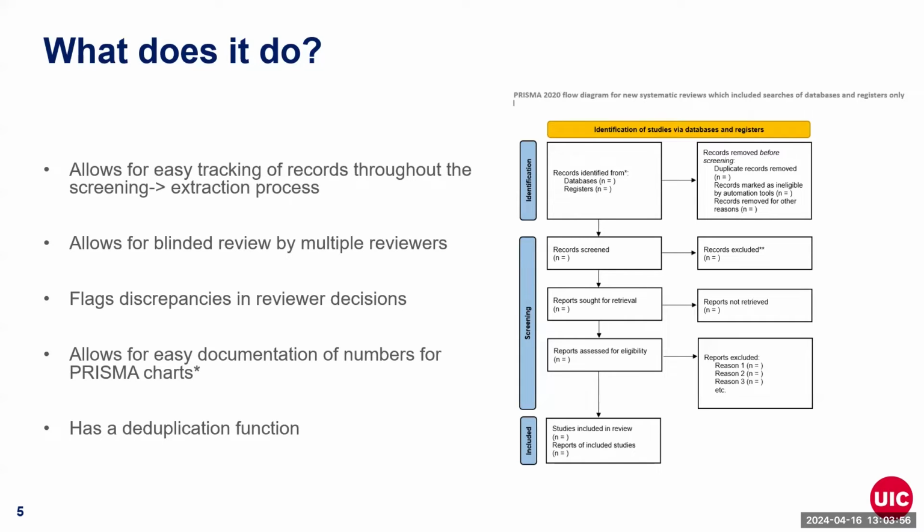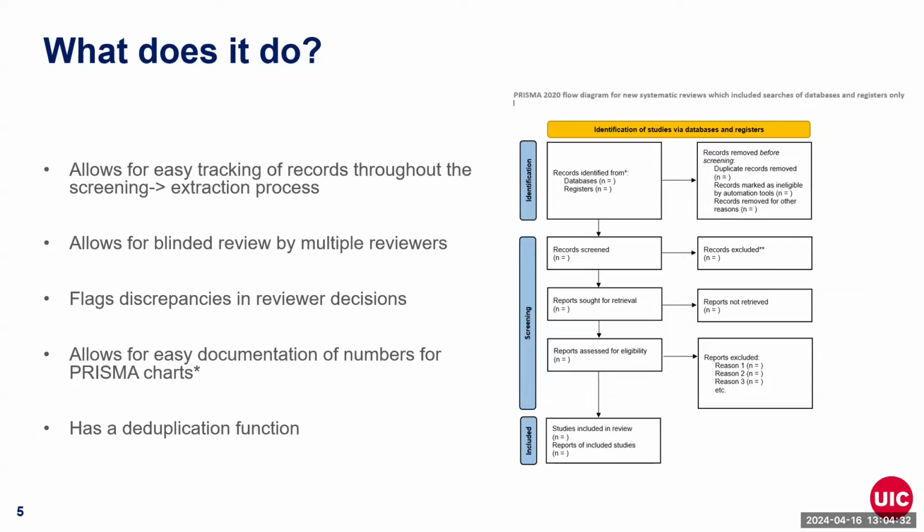All of these places in the PRISMA review that we have to keep track of, whether a record has been excluded or screened, why it's been excluded when you get to the full text review, and what's ultimately included, it helps you keep track of all of that, as opposed to using something like an Excel spreadsheet where you would have to create your own systems to track or tag how it's gone through the screening process. Covidence is specifically designed to keep track of that. So that's part of its great value.